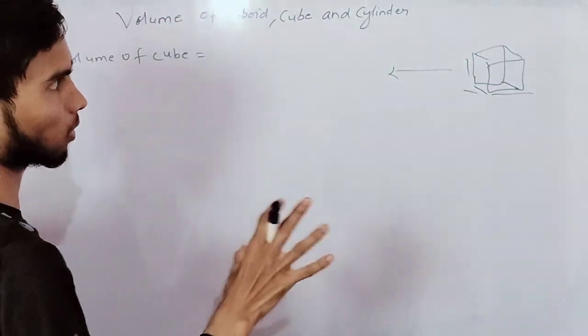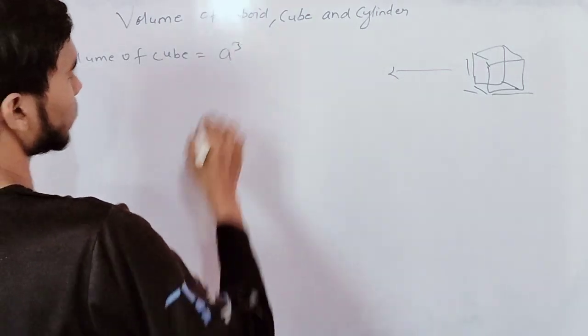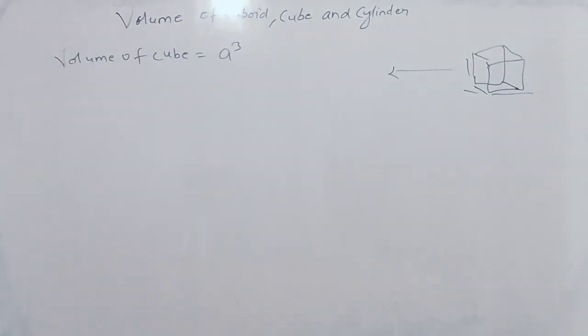We don't care about equal. So here 3. 3 is an indication of volume.